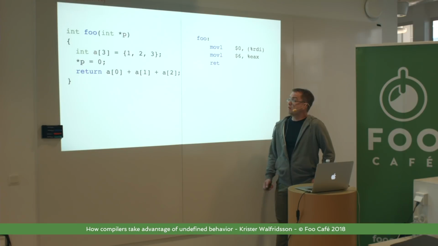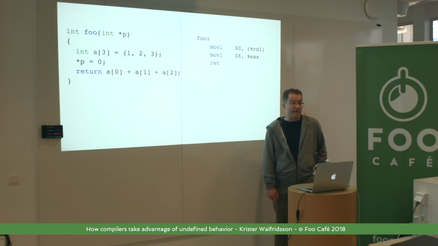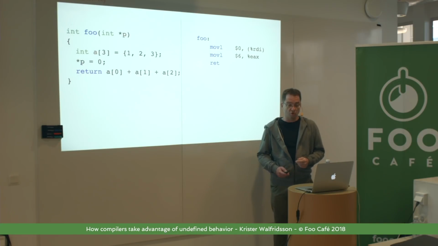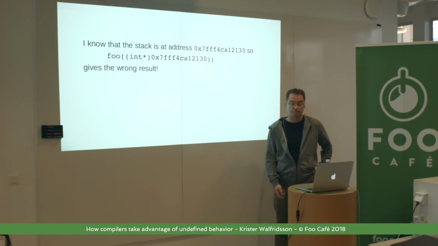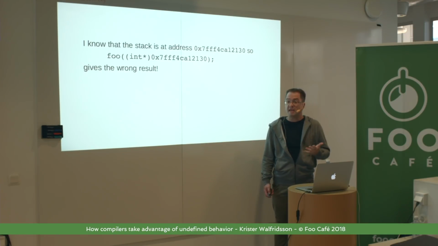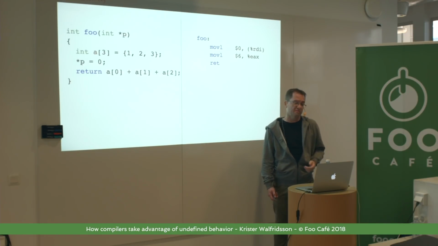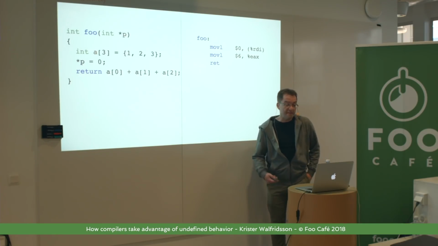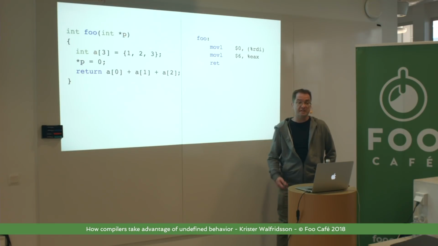And that is where the undefined behavior comes in. It's not allowed for a program to do this. If the program does this, the behavior is undefined, and this means that the result can be whatever. So that means that the compiler can just assume that the undefined behavior does not happen.